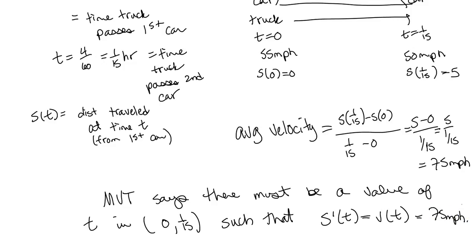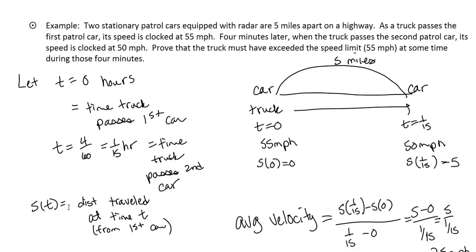Now, 75 miles per hour is definitely above the speed limit of 55 miles per hour. So at some point in that time, that truck had to be traveling 75 miles per hour according to the mean value theorem. So this is definitely a case where the truck exceeded the speed limit.